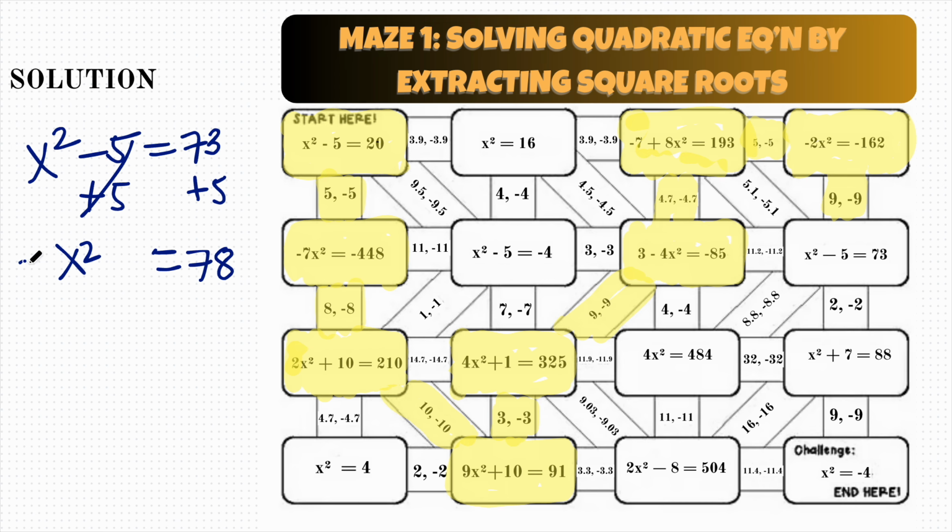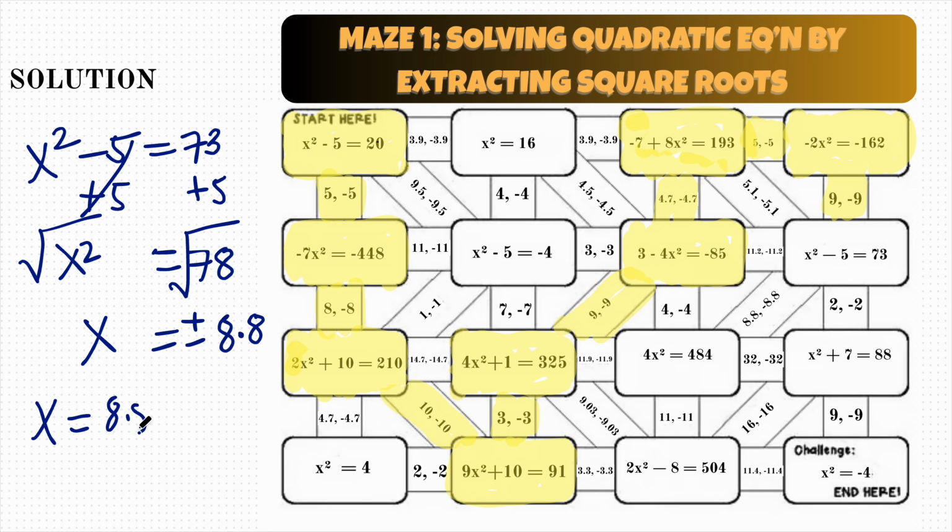So the square root of 78. I think the answer is positive or negative square root of 78. When you type it in the calculator, we get 8.8. So the answer is x equals positive 8.8, x equals negative 8.8. Okay, so in this question, our answer is this one.